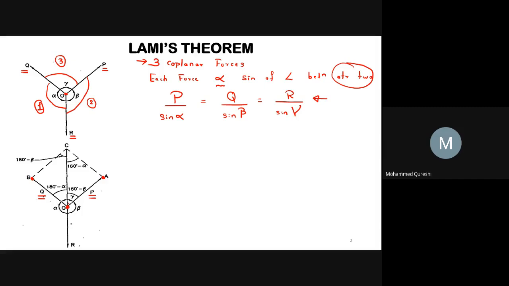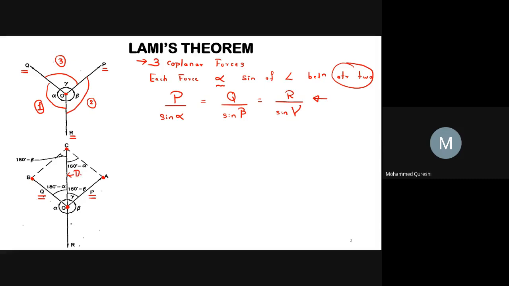Now, we have to complete the parallelogram OACB with OA and OB as two adjacent sides, and OC as a diagonal.